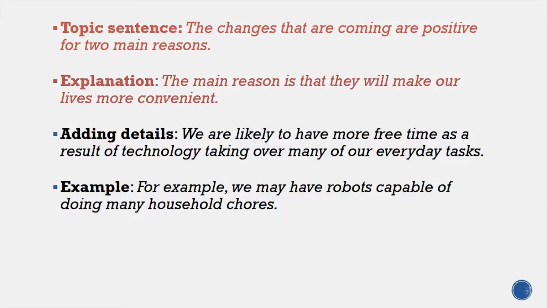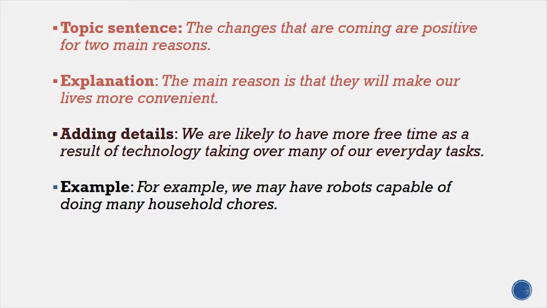Then we need to develop the main idea in our topic sentence. So the main idea is that it's positive. Now we need to develop it. We can do this through explanations, adding details and examples. I'm going to show you each. So, explanation. The main reason is that they will make our lives more convenient.